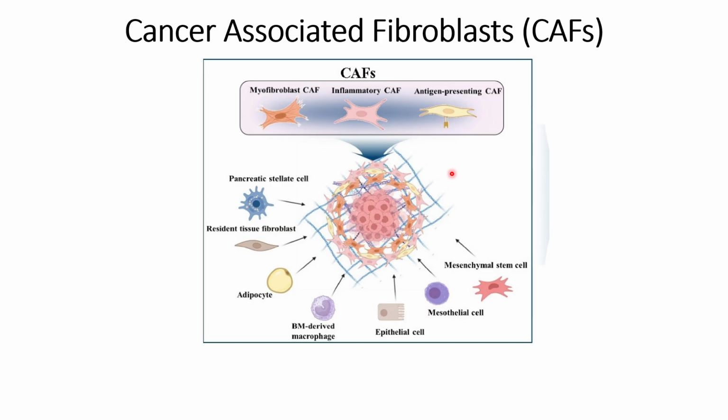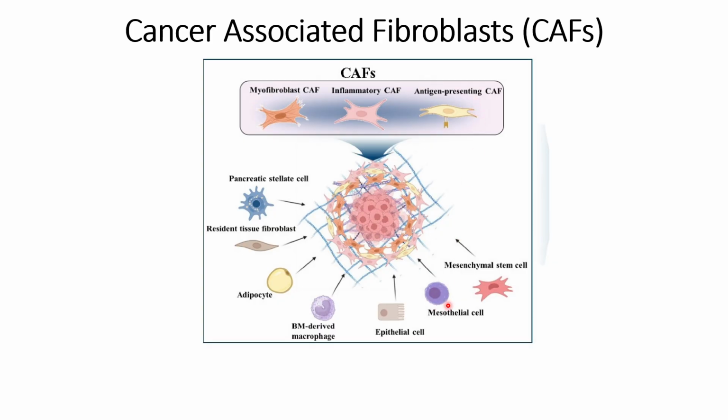Although it has the antigens that will activate the T cells, this CAF does not have the costimulatory molecules that can sustain or proliferate those T cells, and because of that it won't be able to generate a sustained immune response, and in another way it will also help in immune suppression. This antigen-presenting CAF is differentiated from mesothelial cells, and it is negatively related to the CD8 plus T cell to Treg ratio. That is, when the antigen-presenting CAFs are high, it means the Tregs are also high. That will help in immune suppression.